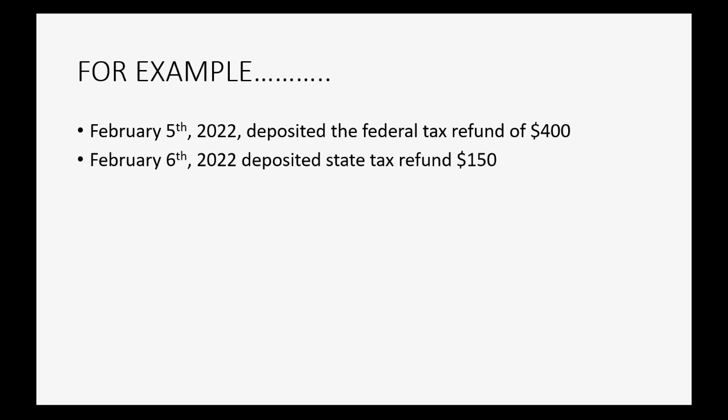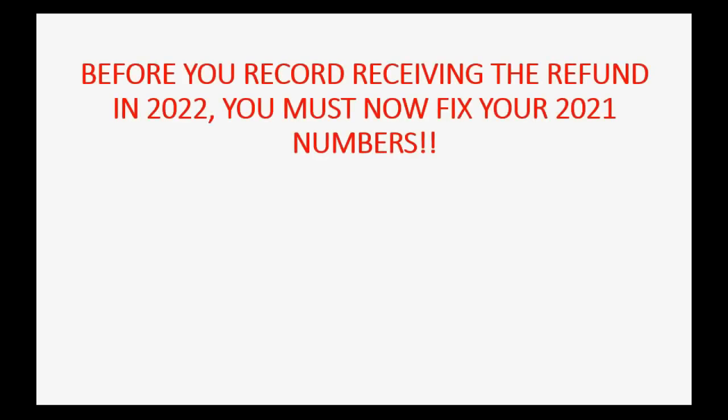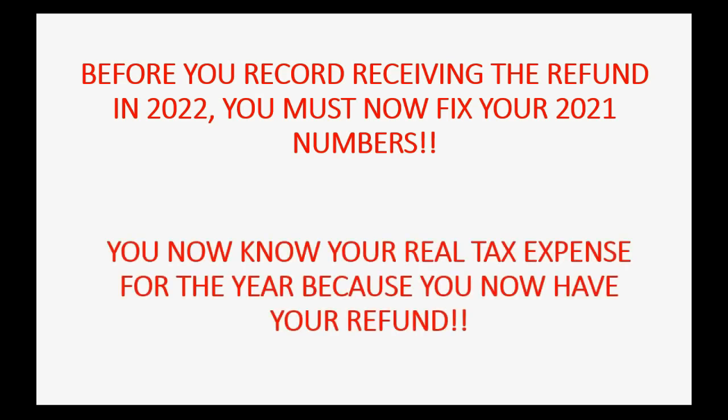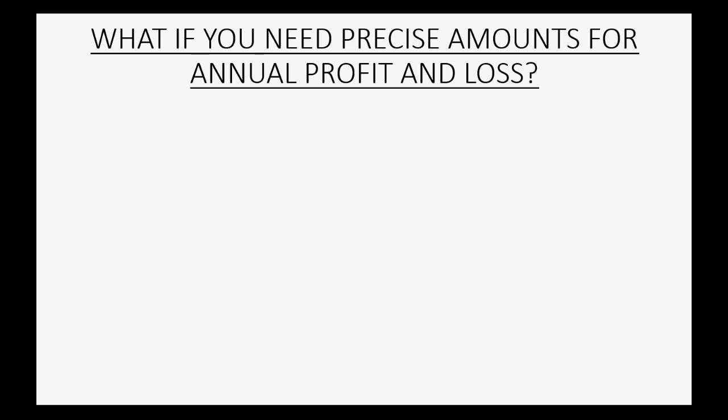February 6th, he received the state tax refund of $150 after 2021 was finished. Before you record receiving the refund in 2022, you must first fix your 2021 numbers. You now know your real tax expense for the year because you now have your refund.